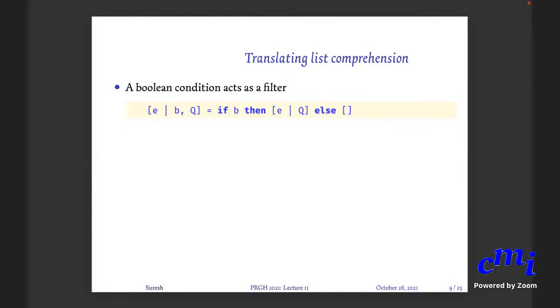So this is the recursive definition. You want to recursively define this notation, using it for the remaining list of qualifiers. That is if your first thing is a Boolean condition.